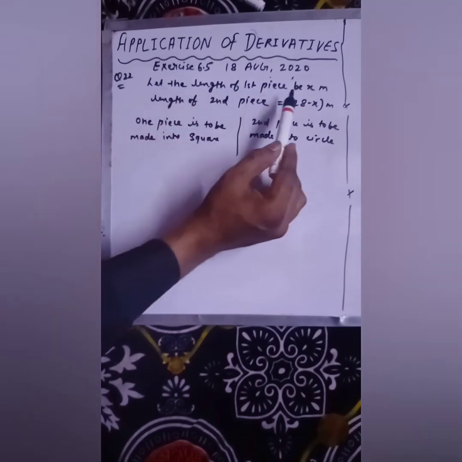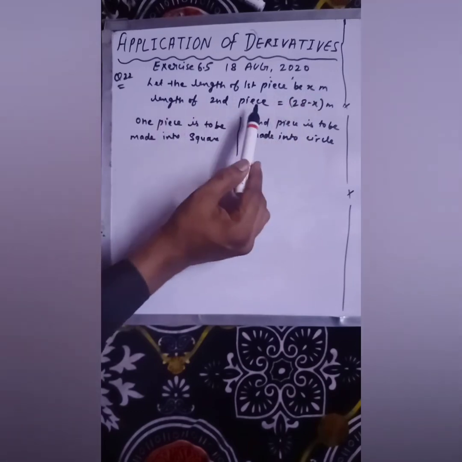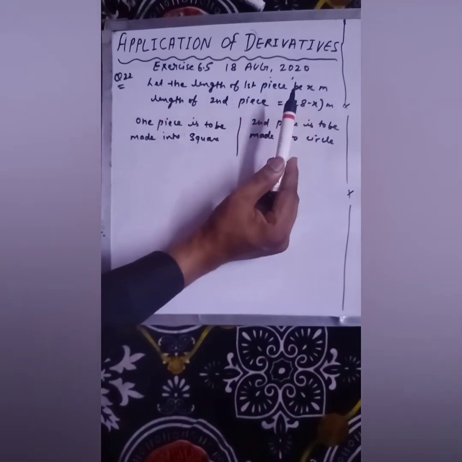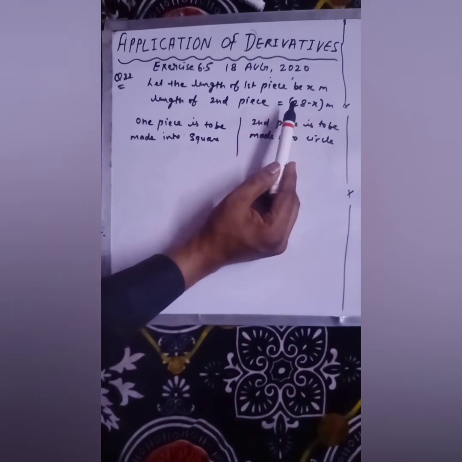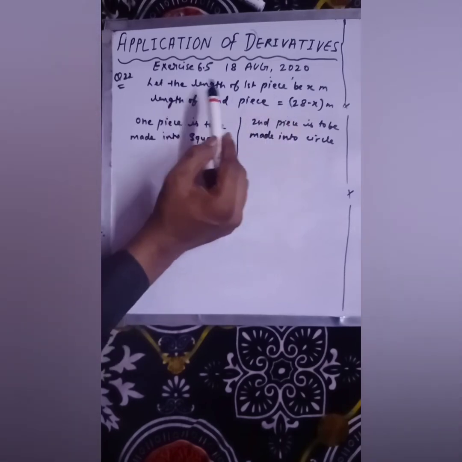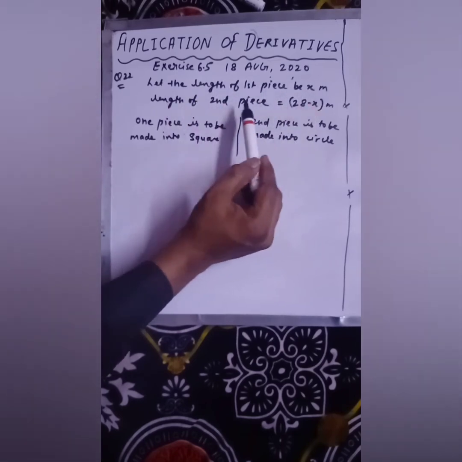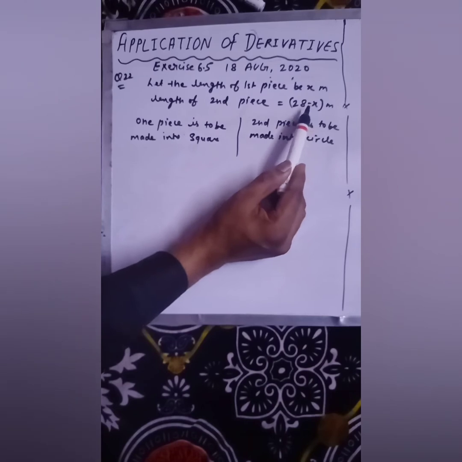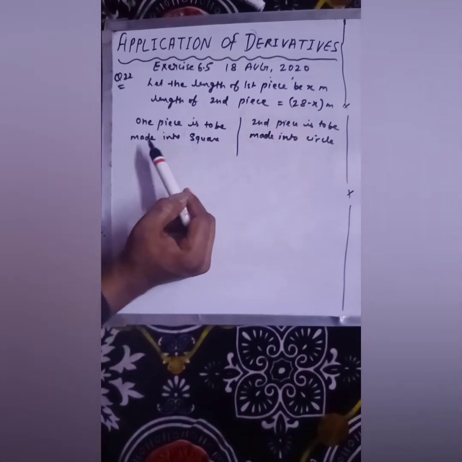So the length of one piece is x, and the length of the second piece would be 28 minus x. Since the total length of the wire was 28, we are breaking this wire into two pieces. So the length of the first piece would be x, and second would be 28 minus x. Fine. Now one piece is to be made into a square.